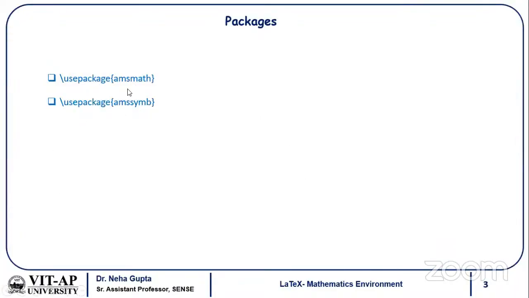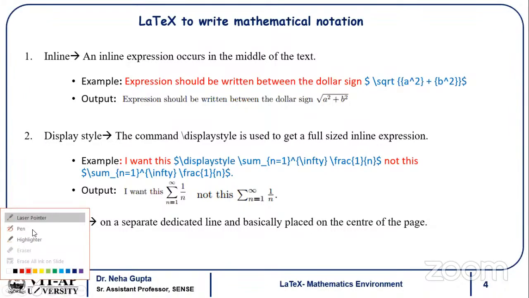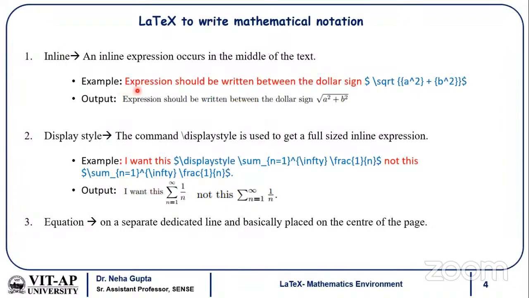So after using these packages, now we will see which type of equation we are actually going to use in our text. There are three types of representation. The first one is inline. If you want to put any symbol, any equation representation, any mathematical expression inside the text, that is called inline representation.